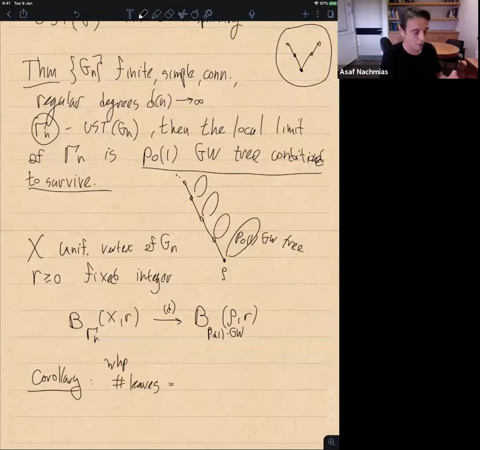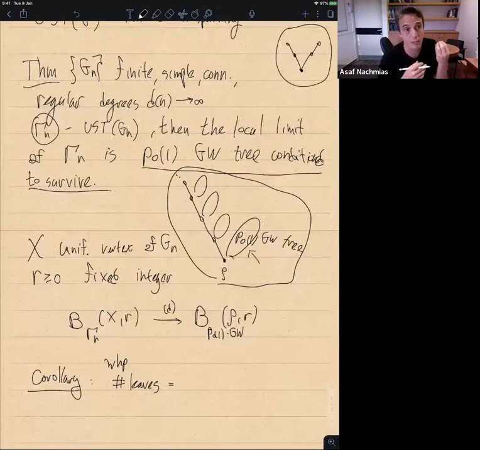What is the probability that the root is a leaf in the Poisson 1 Galton-Watson tree, by the way I described the construction? You have to have that the first progeny of the root, on the unconditioned tree hanging on it, has to be 0. So you have to have a Poisson 1 random variable equal 0. That is 1 over e. So this will be n over e plus lower order terms with high probability.